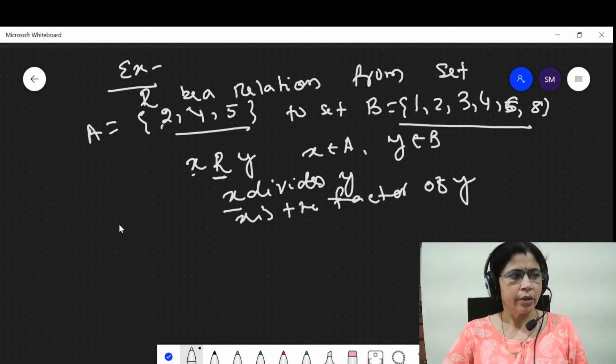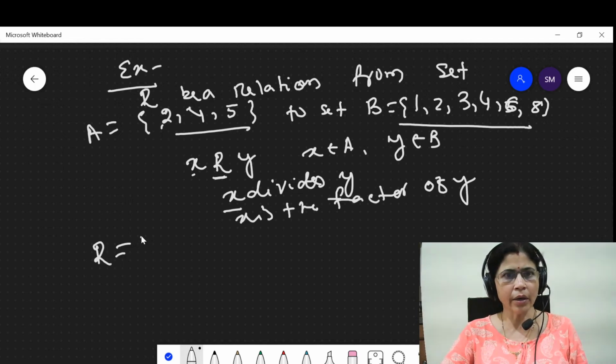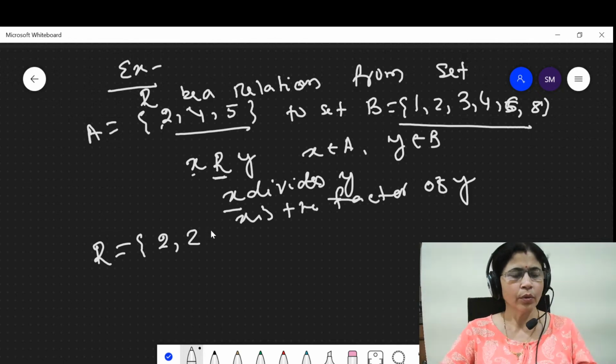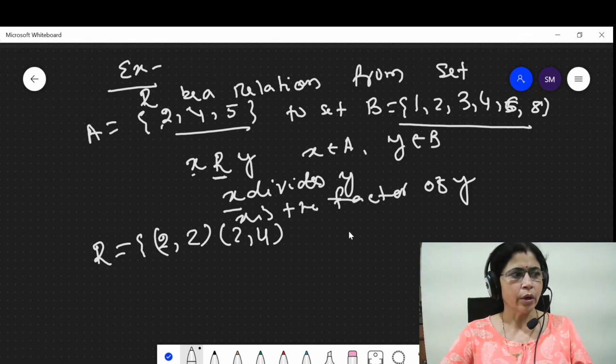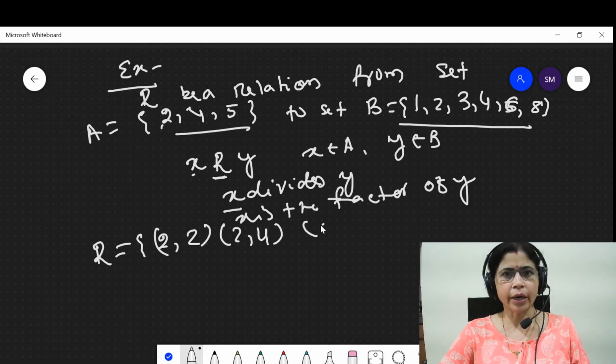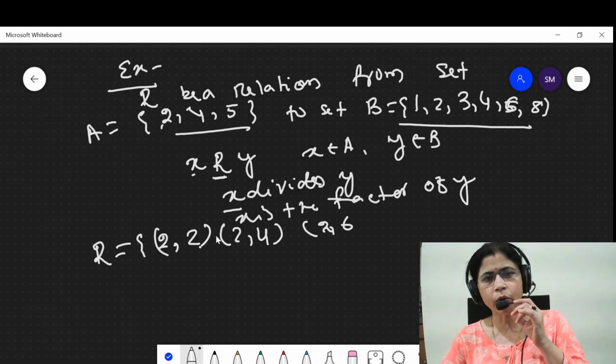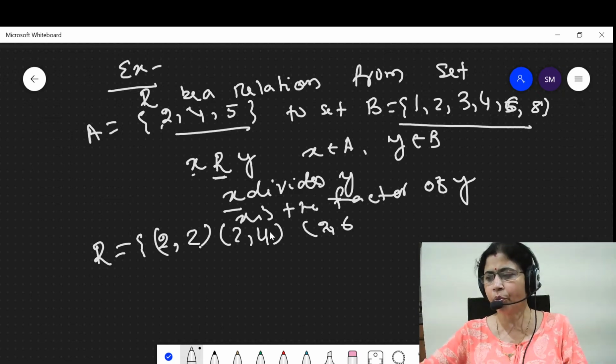Then here the relations are 2 related to 2, then 2 related to 4, then 2 related to 6, because here 2 is a factor of 2, 2 is also a factor of 4, 2 is also a factor of 6.